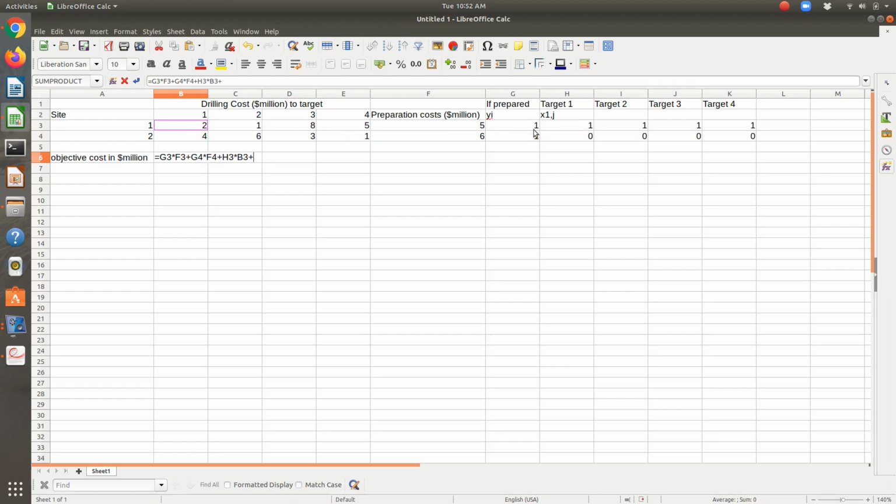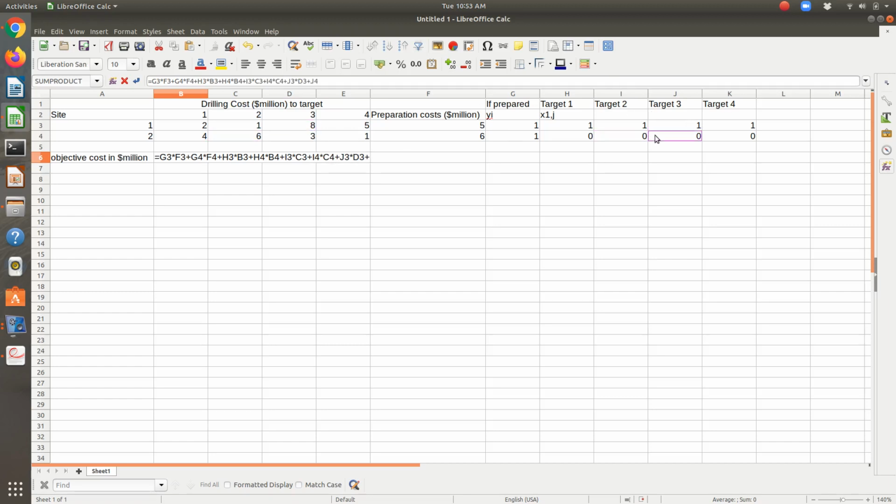If target 1 is connected to site 2, there's that corresponding drilling cost. If target 2 is connected to site 1, that's the cost. If target 2 is connected to site 2, that's the cost. If target 3 is connected to site 1, there's the cost.